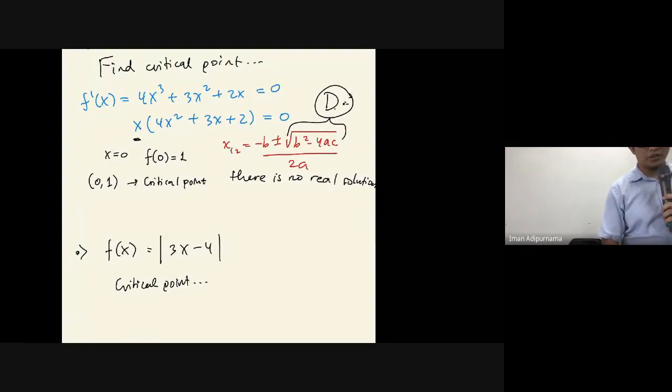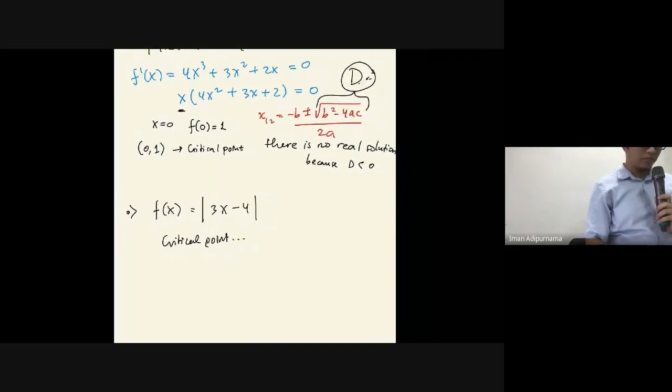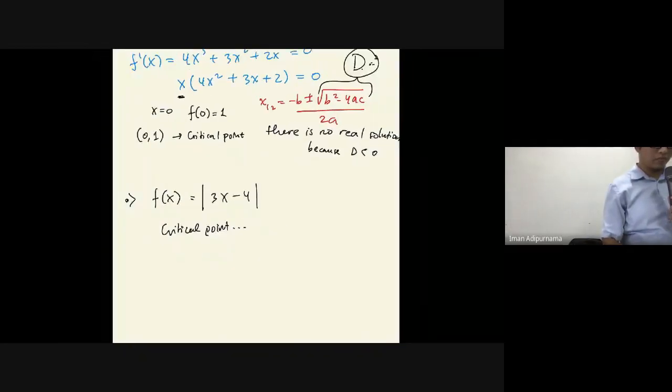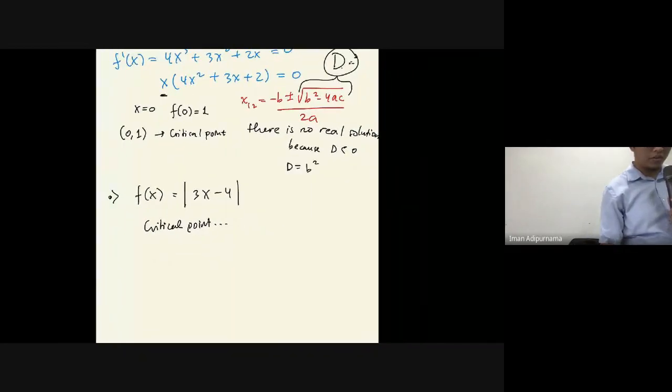You can also write there is no real solution because D is less than 0. D is p squared.